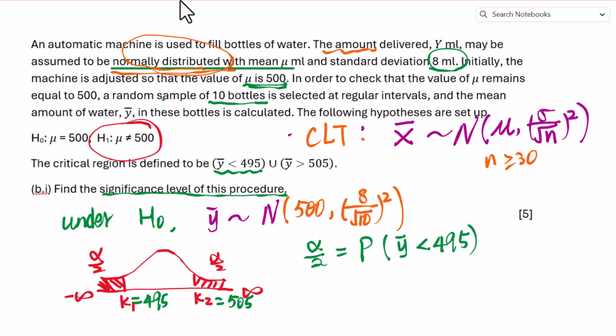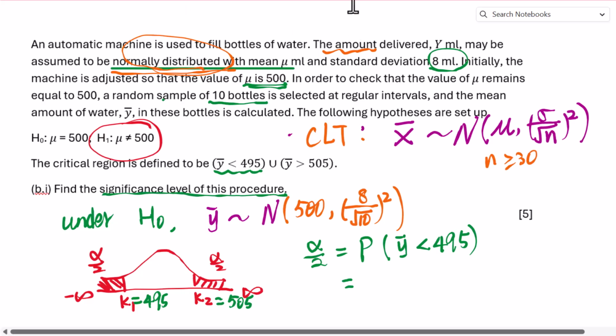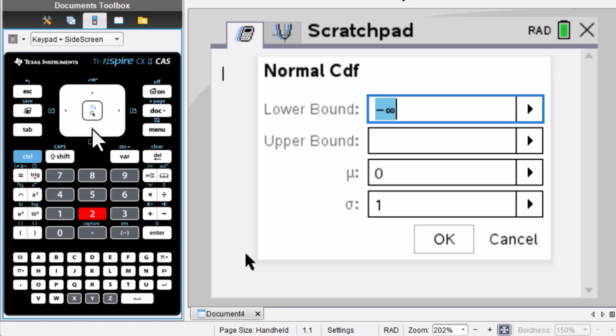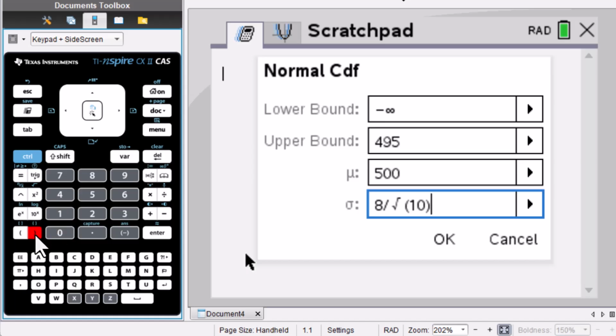495. Let's go to calculator. Norm CDF. Lower bound is negative infinity. Upper bound is 495. Mu is 500. Standard deviation is 8 divided by square root of 10.